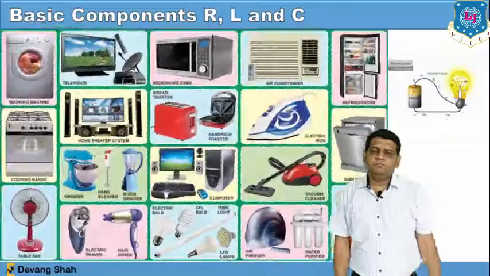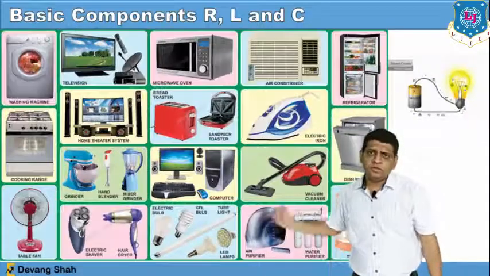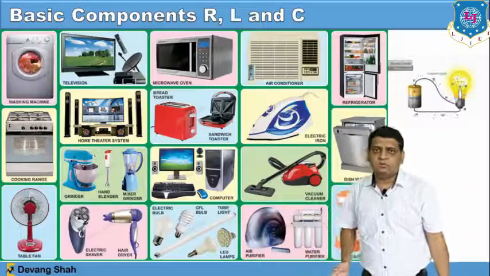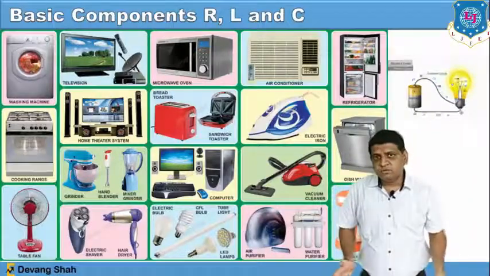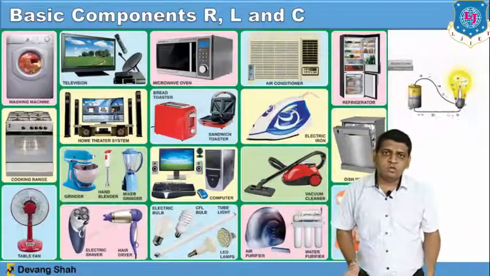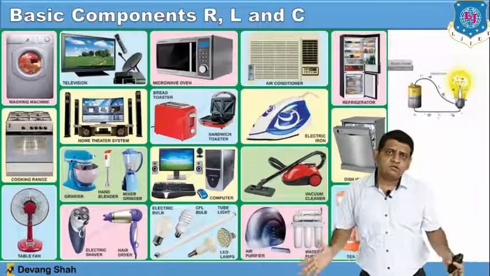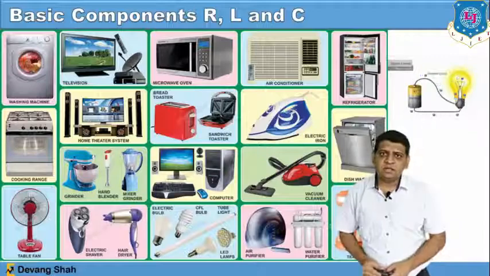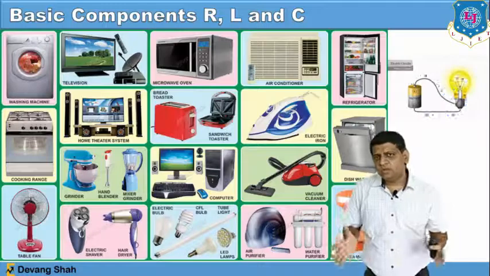If you see, there are various home appliances like a microwave oven, television, fridge, and washing machine. All these home appliances you can use because of the resistance, inductor, and capacitor. Why is this very important?